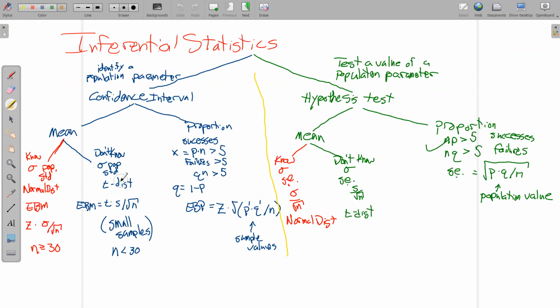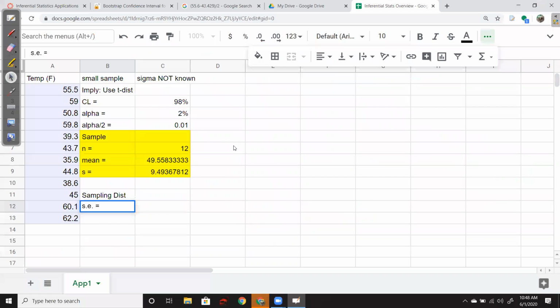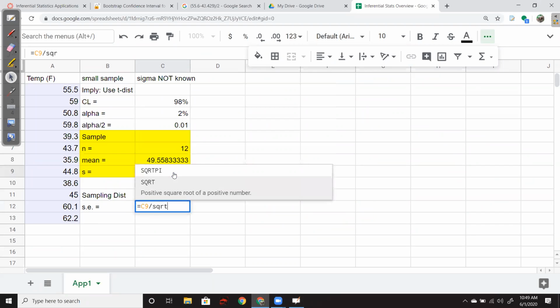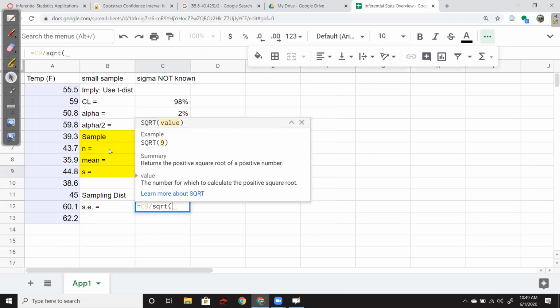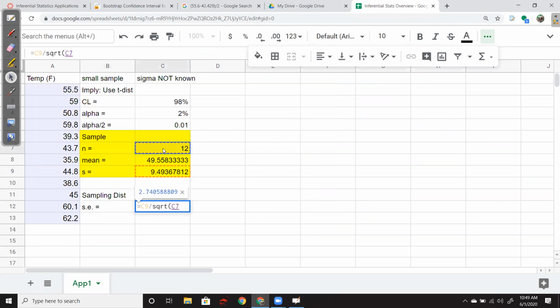Let's highlight that. And then we have to calculate the t-score. The standard error here is going to be the sample standard deviation divided by the SQRT of the sample size there.